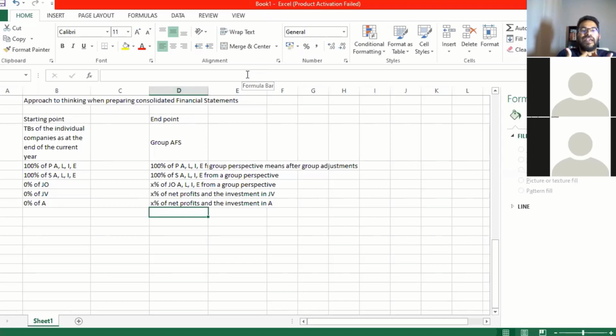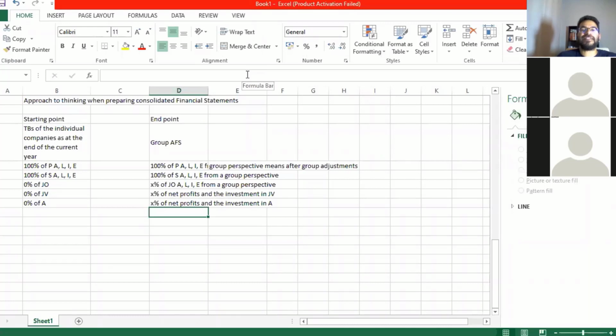When it comes to the parent and a subsidiary, the group wants 100% of the assets, 100% of the liabilities, 100% of the income, 100% of the expenditure on a line-by-line basis. That is why it makes more sense to start off with 100% and then just make any minor adjustments for differences between the group perspective and the separate financial statements.